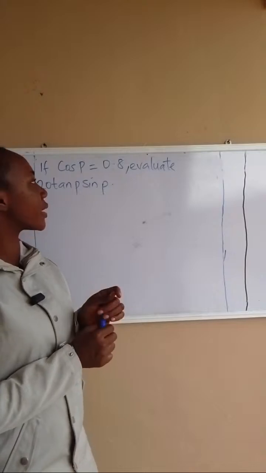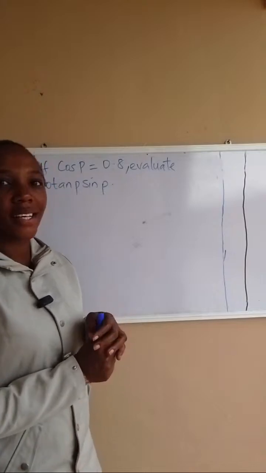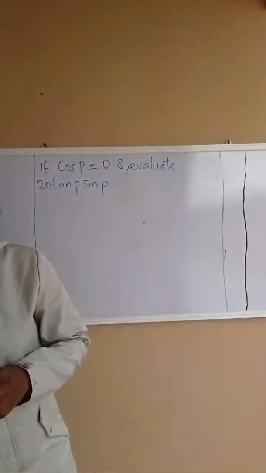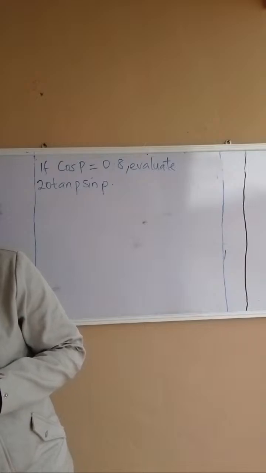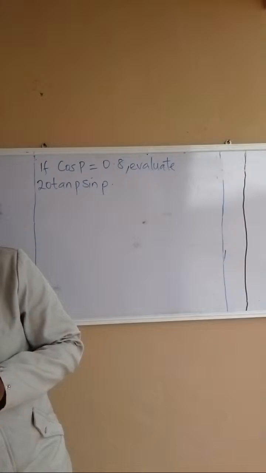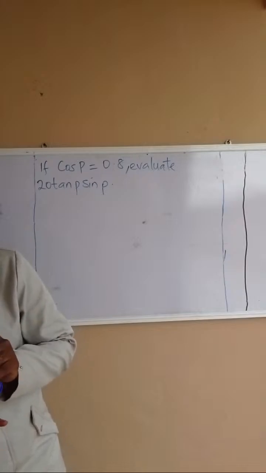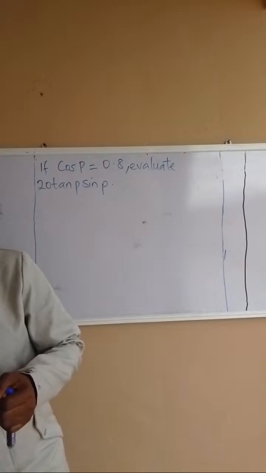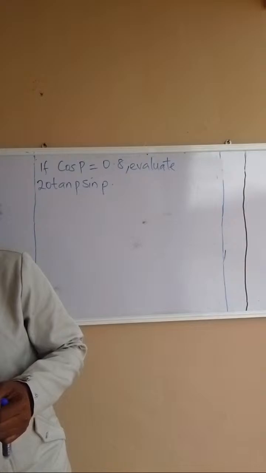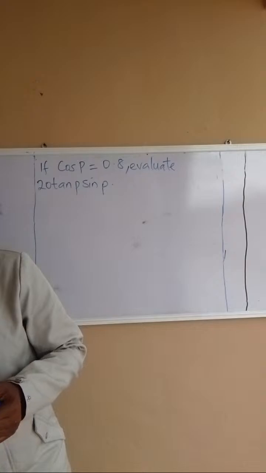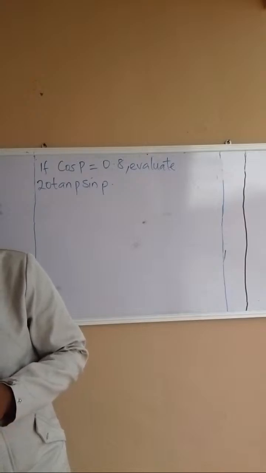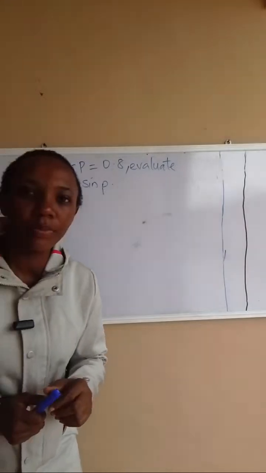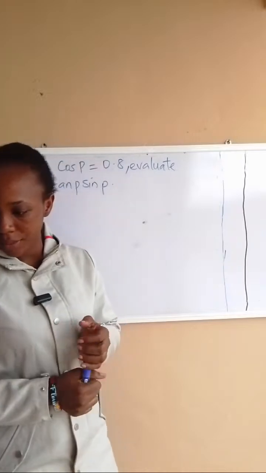If cos P is equal to 0.8, evaluate 20 tan P sine P. One minute more to go.